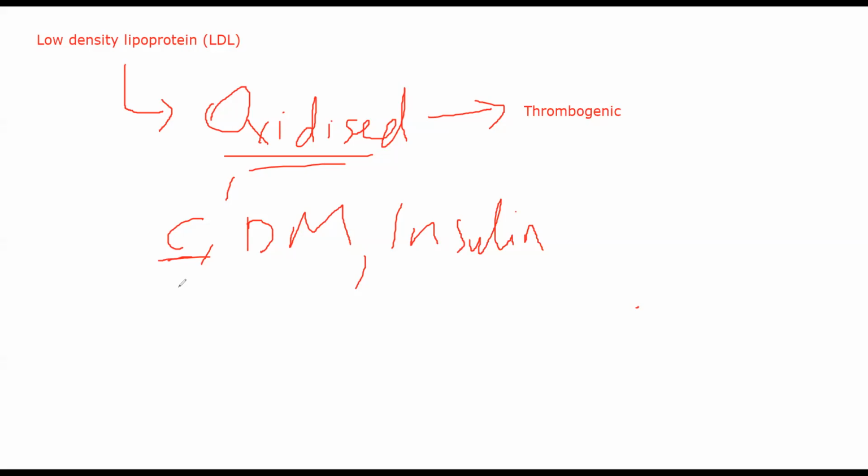Okay, clinically, whenever someone has higher amounts of LDL concentration, there is a very good chance that the person will develop cardiovascular diseases. Almost a direct correlation, in the sense that the more LDL you have, the higher the chance of you developing cardiovascular diseases.